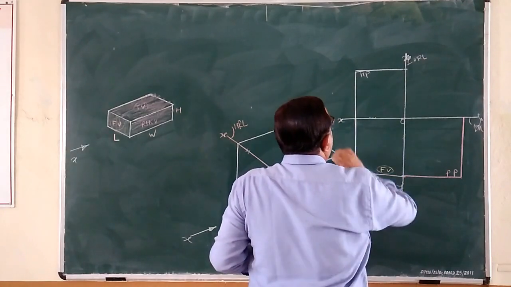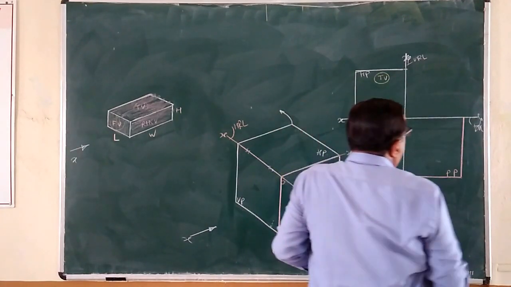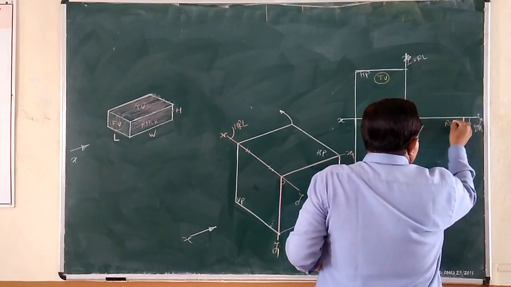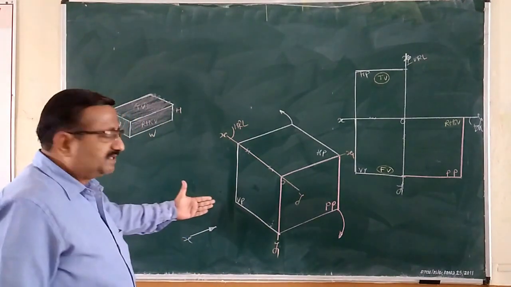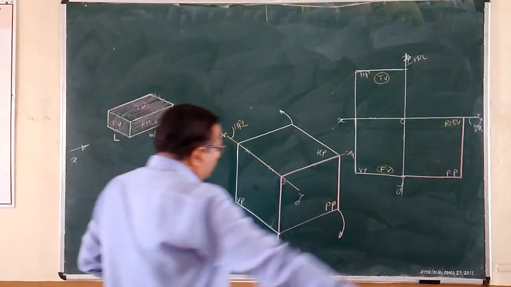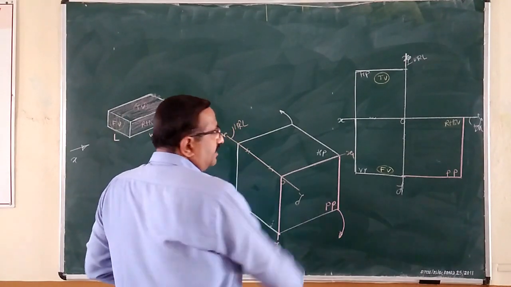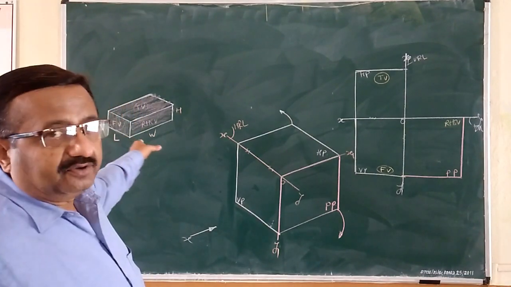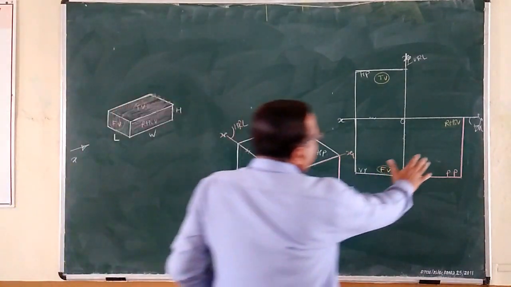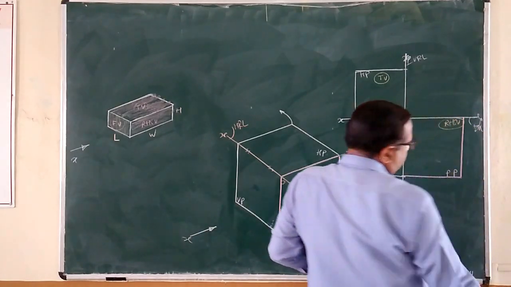This space, that is horizontal plane, is made for its top image, and this profile plane is made for its right hand side image. See here, left hand is visible for construction of its front view. Naturally, from your right hand you have to observe this object in order to construct its end view, that is right hand side image. It will emerge here. Okay, so this space is reserved for its right hand side image.